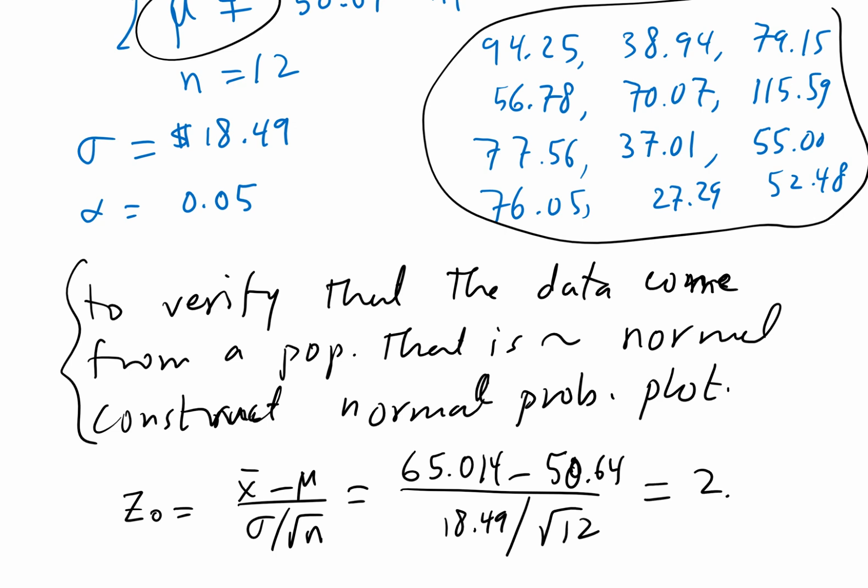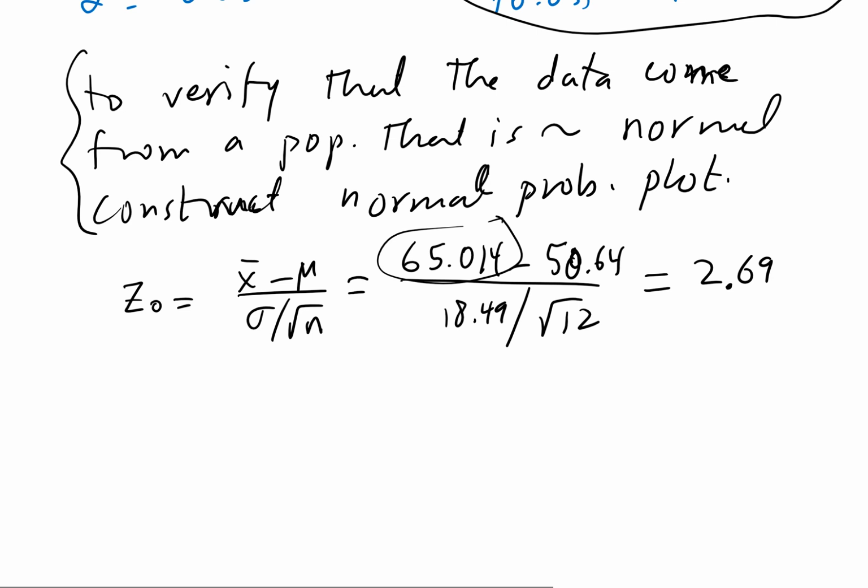That gives me 2.69. So that means the sample mean of $65.14 is 2.69 standard deviations above the assumed population mean of $50.64, because it's bigger.